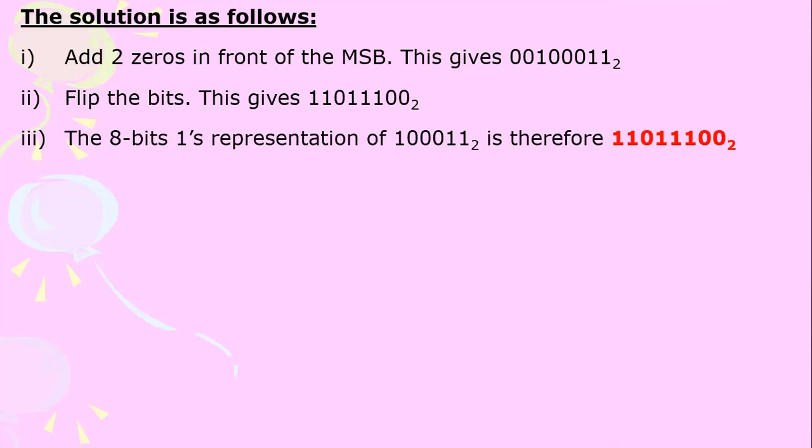The third step: the 8-bit ones complement representation of 100011 therefore becomes 11011100 binary.